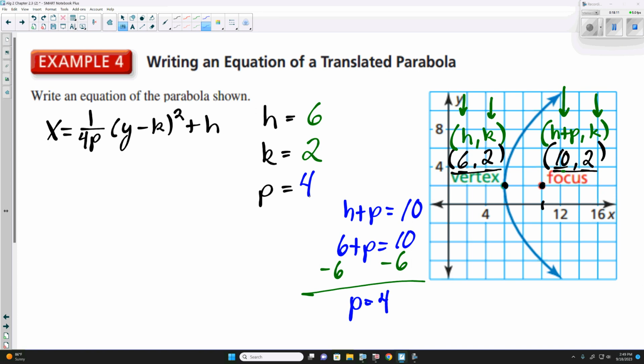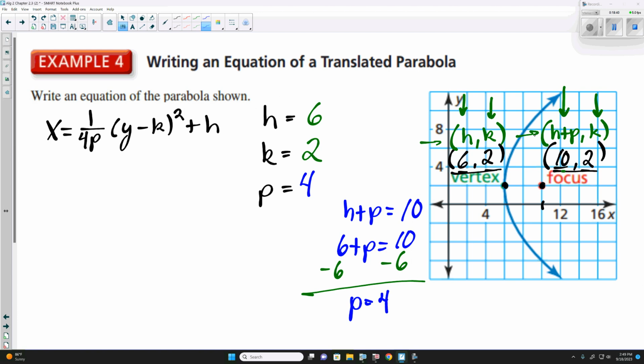Now again, trying to do this all at once, just looking at the data and jumping straight to the equation can be a little tough, but what did we do? We aligned it with the general information, what we have for the vertex and our focus, and matched up our data, the h, the k, h plus p, and then solved it from there. Because if we continue to match it up with the general information, it's going to make these problems a lot easier than if we're trying to do this all at once.